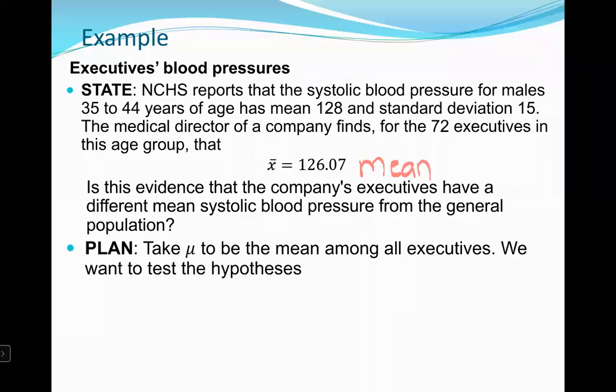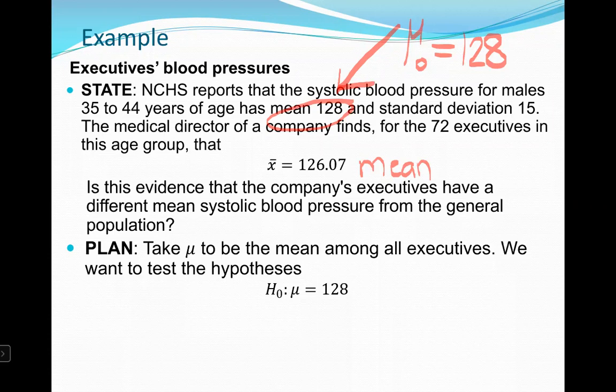Plan. Take mu to be the mean among all executives. So mu naught is the original mean for the population that we're told.